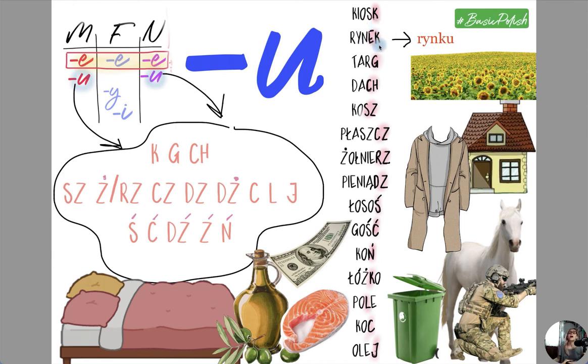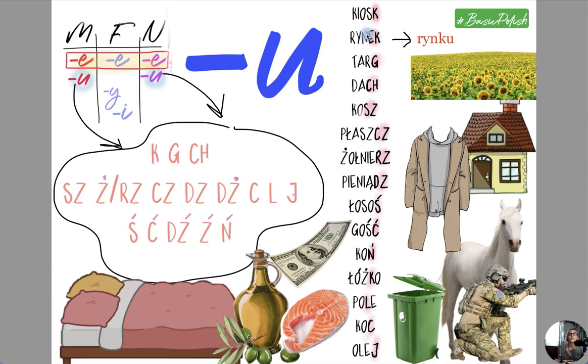Rynek. Now, you may remember the word dziadek, grandpa, and Marek, the Polish name for a man. Do you remember what happens with those names? We've got the reduction of the letter e there. Dziadek, dziadka, Marek, Marka. This happens also in the locative case. We drop the letter e entirely, and we have rynku.